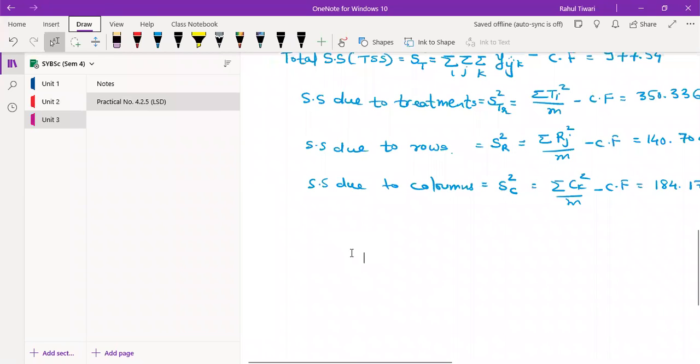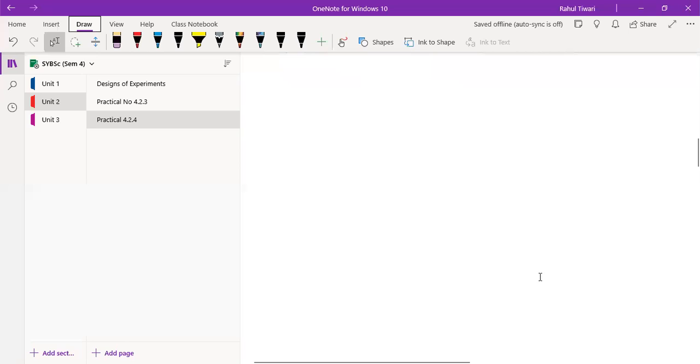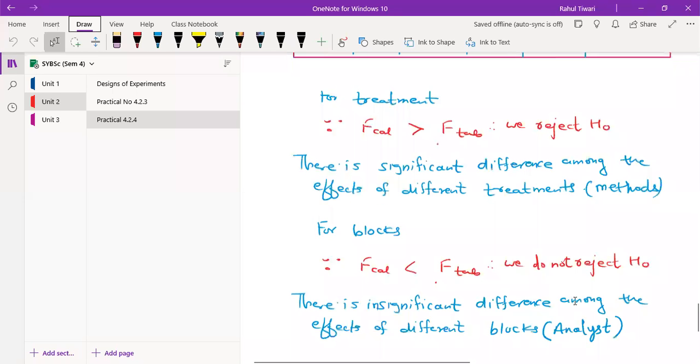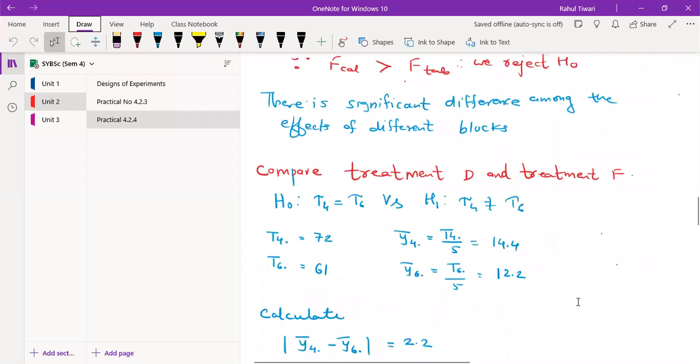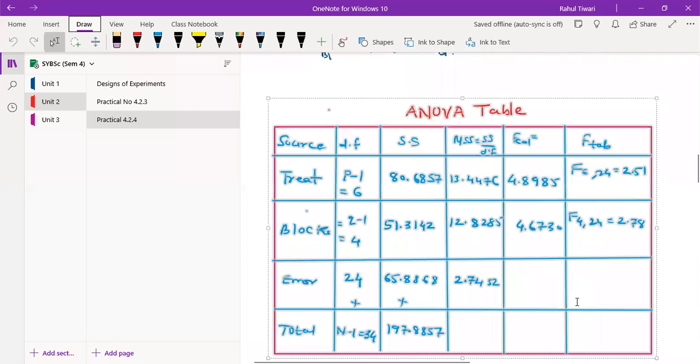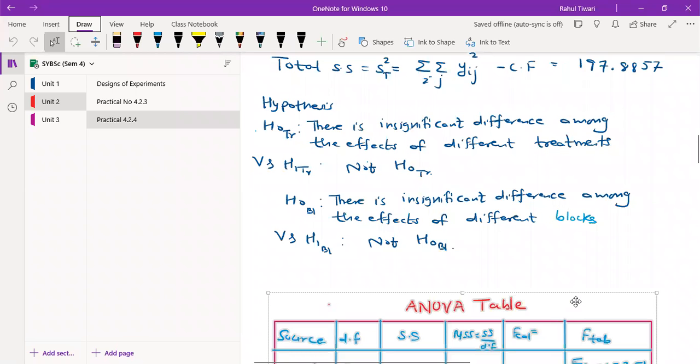And once we have that one, we need to check this one.